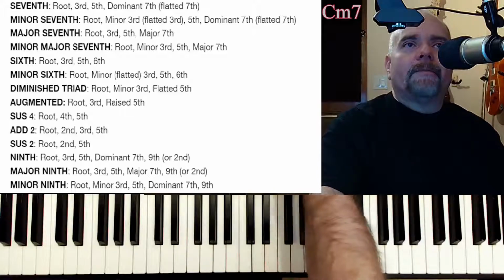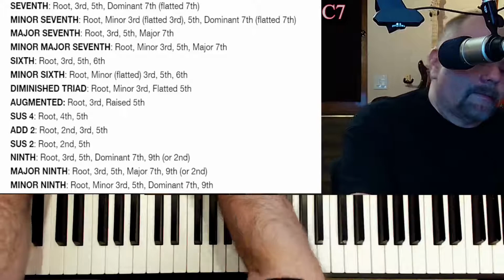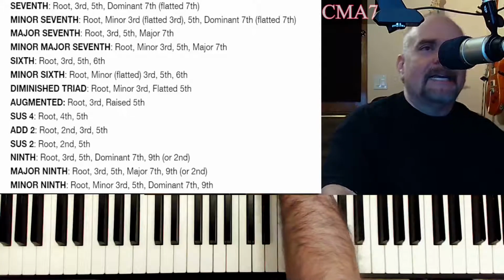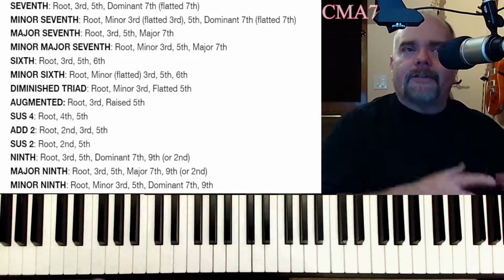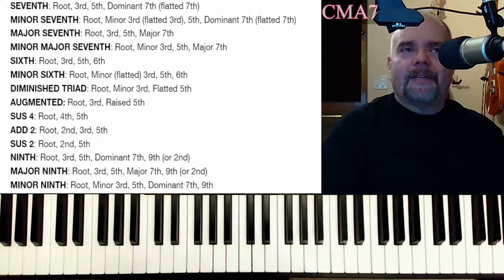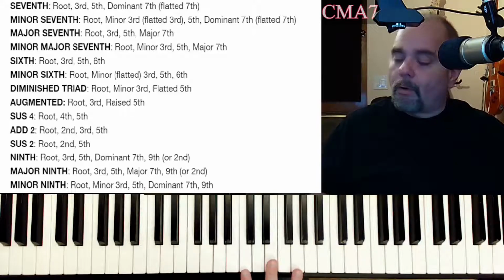Okay, so that one would be written like this. C major seventh. So we know that the word major in that chord has nothing to do with the chord quality.